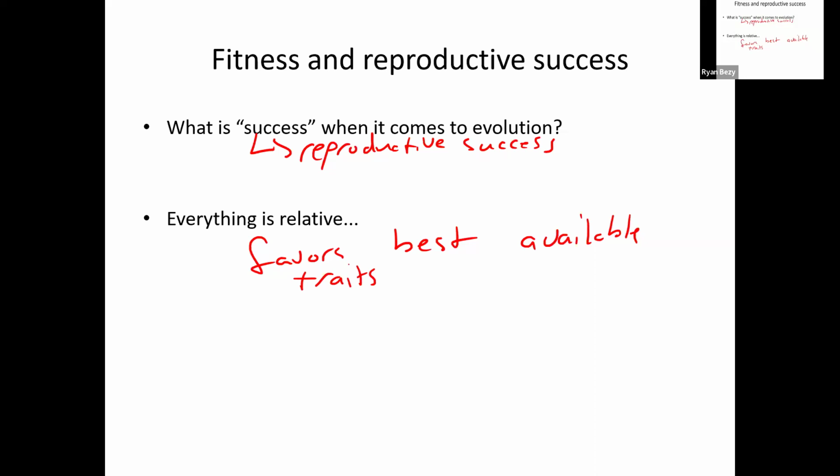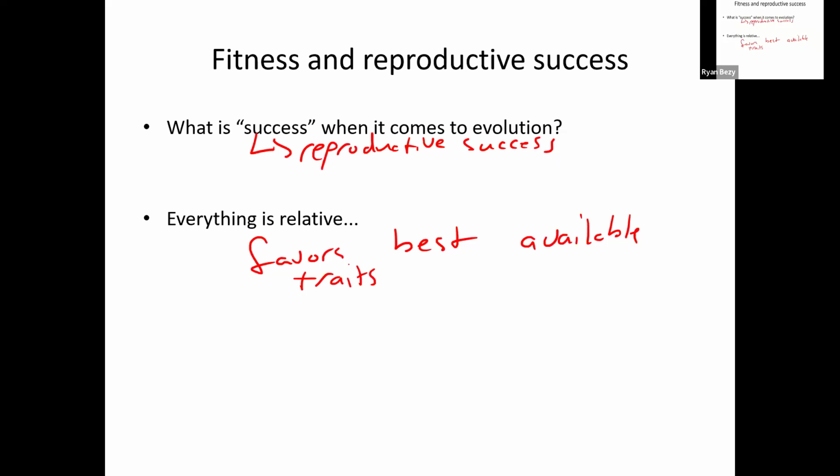Is the best available trait the same thing as a really good trait? No. If you had bad trait number 1, bad trait number 2, bad trait number 3, and only a little bit bad trait number 4, what's favored? The little bit better one, the little bit bad trait.